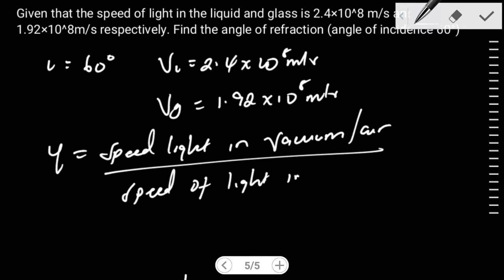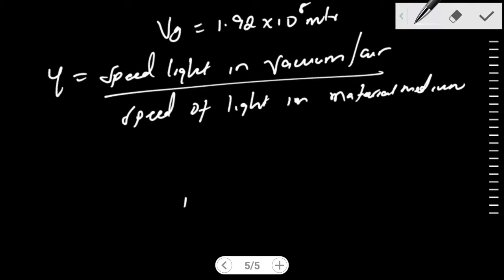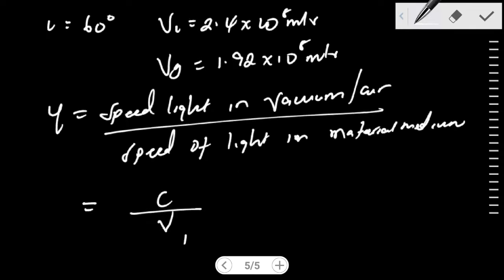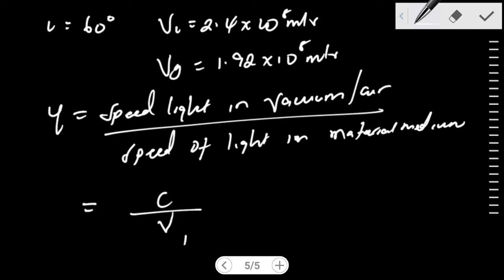The speed of light in a vacuum is characterized by the letter C, all over V. So this is the formula that we are most likely to use to get the refractive indices of the two media.